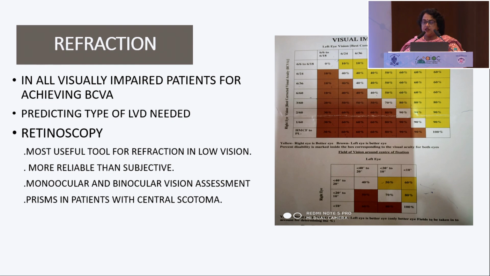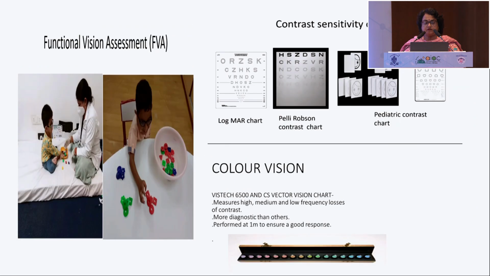And in refraction, retinoscopy is far more important than subjective. We should do monocular as well as the binocular assessment. And in central scotoma, use of prisms. So after doing the refraction, we should do a functional vision assessment, contrast sensitivity, and color vision.